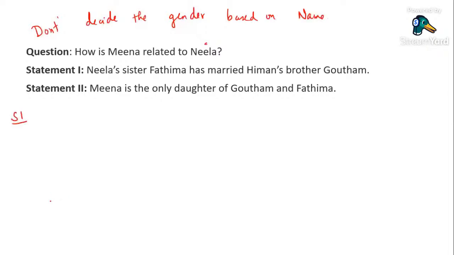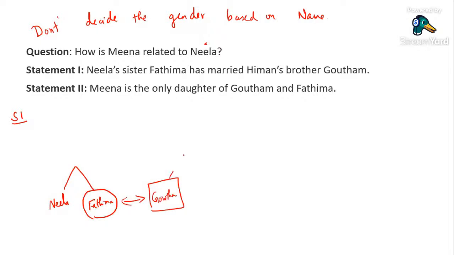I'm drawing the tree diagram for statement 1. Neela's sister Fatima has married Gautam, who is the brother of Iman. Iman could be female or male also.